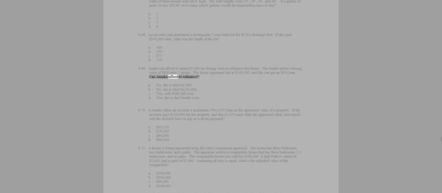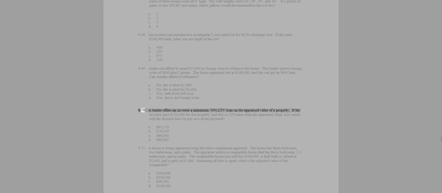Can Andra afford to refinance? A. No, she is short by $64. B. No, she is short by $1,600. C. Yes, with $360 left over. D. Yes, she in fact breaks even.